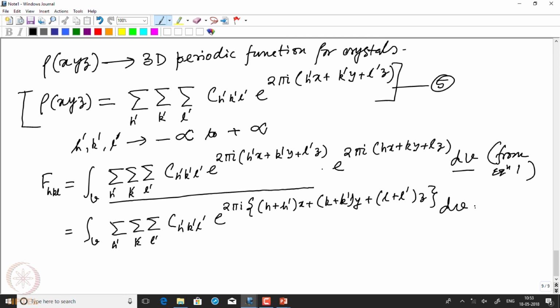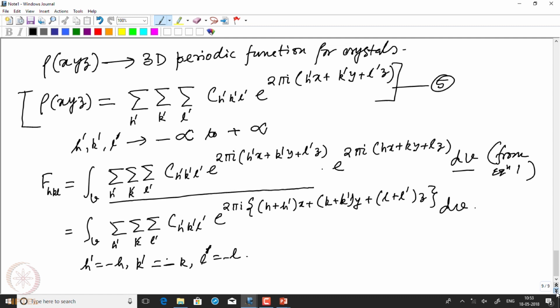This is a periodic function, so the exponential function is periodic here, and when we integrate over a period, it is 0 for all the terms except for the terms where h prime equal to minus h, k prime equal to minus k and l prime equal to minus l.